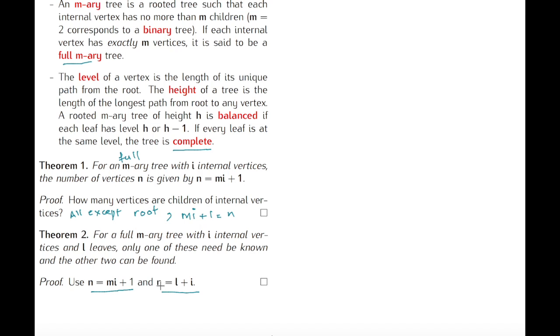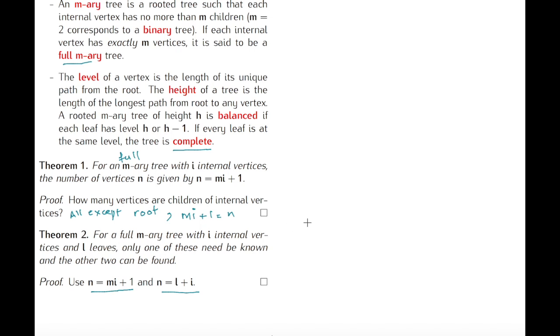It says that the number of vertices is the sum of internal vertices plus the vertices which are not internal, and only the leaves are not internal vertices. So if one of these three is known, we can use these two equations to find the number of vertices, the number of internal vertices, or the number of leaves, for a full m-ary tree.